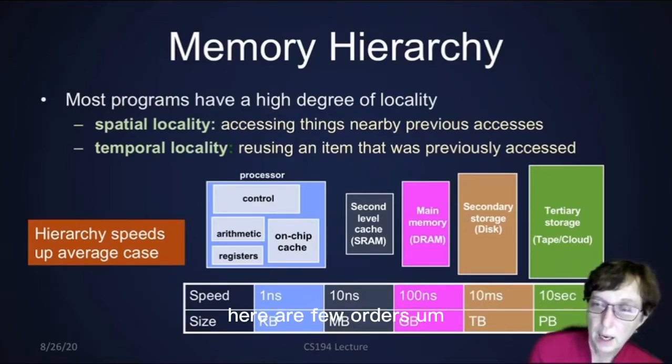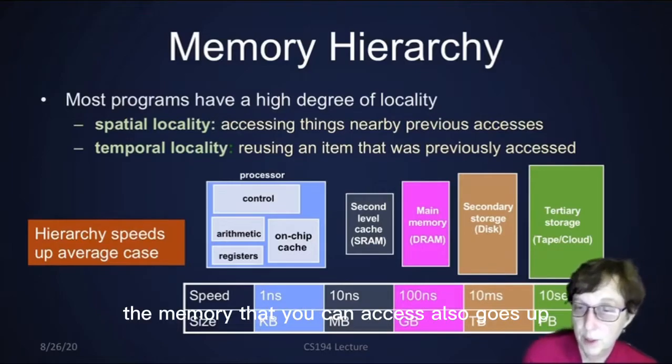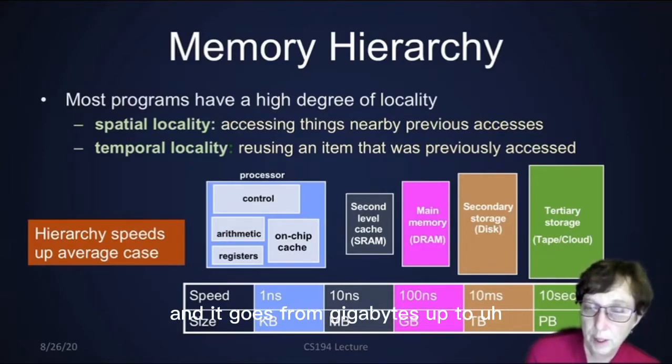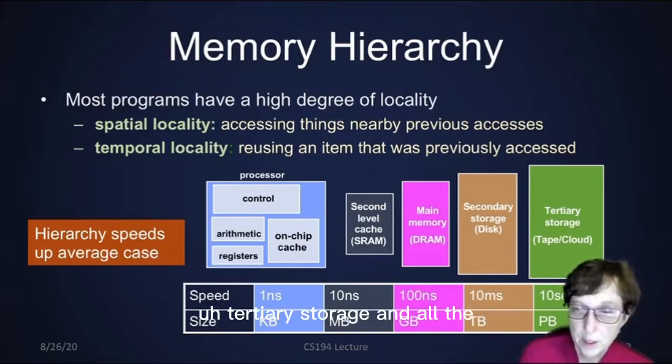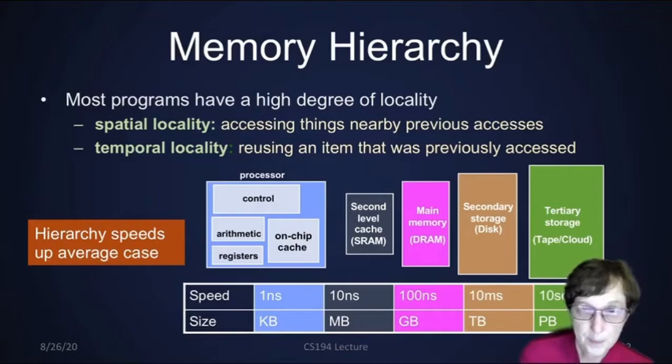But of course, then the size of the memory that you can access also goes up, from gigabytes up to petabytes when you get to tertiary storage, and all the metrics and the numbers in between.